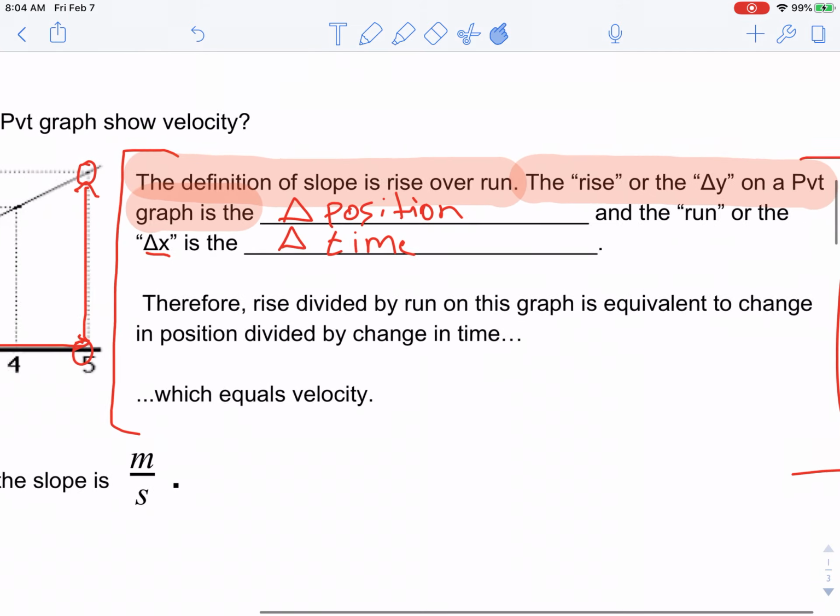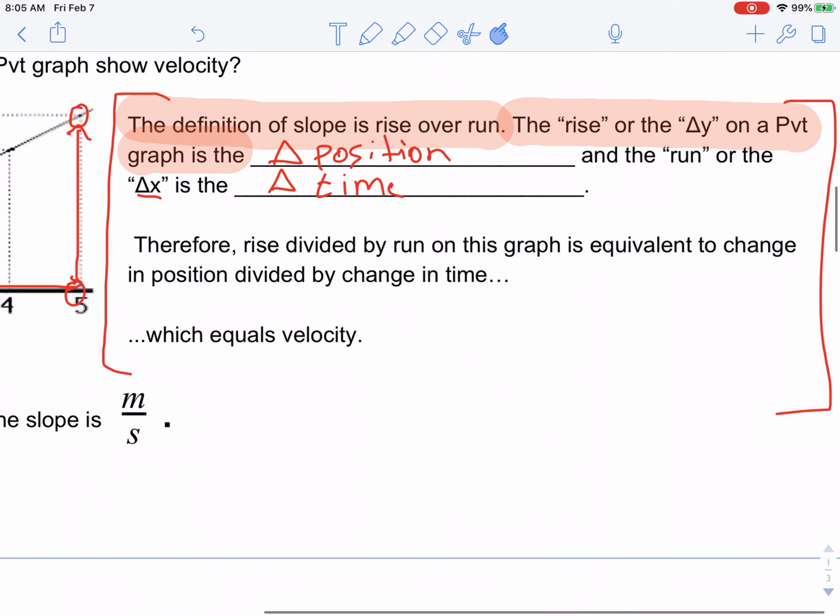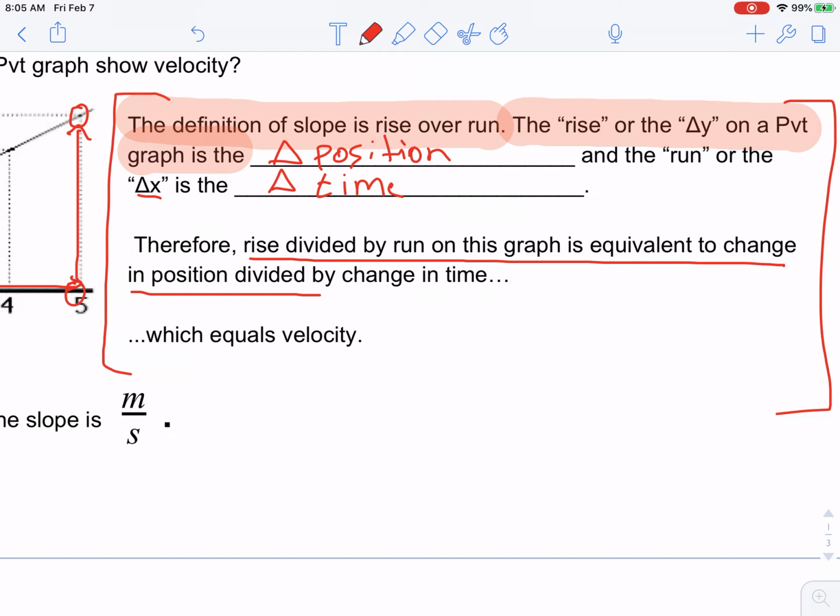Therefore is a great word to use whenever you're saying because of this, that. I gave you one piece of evidence, and what does that mean? Therefore, rise divided by run on this graph is equivalent to change in position divided by change in time.